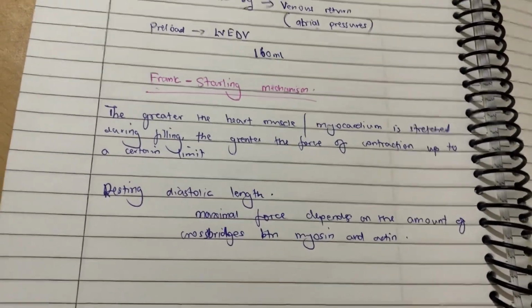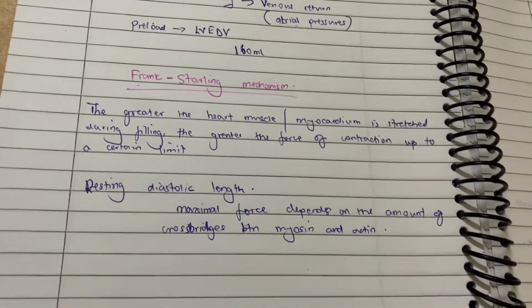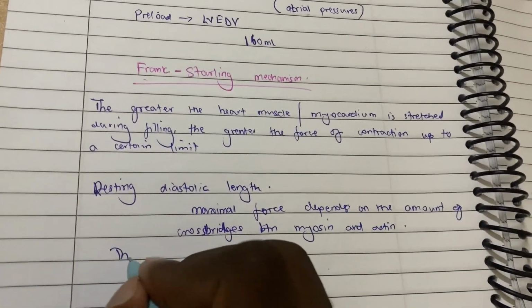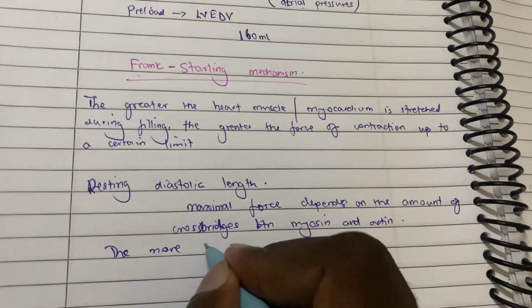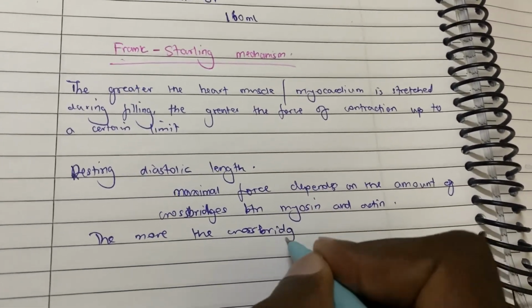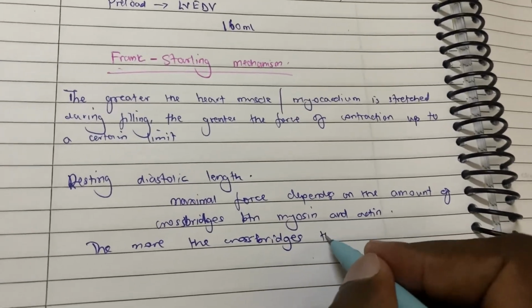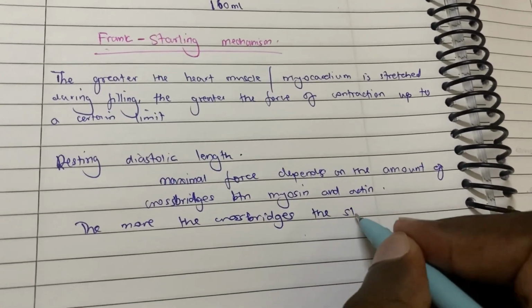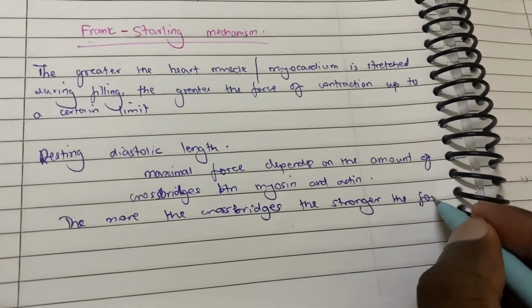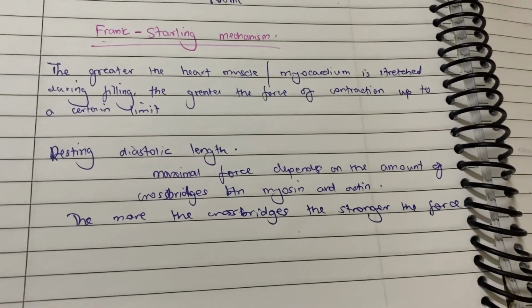So the number of those cross bridges determines the force of contraction. The more the cross bridges, the stronger the force generated.